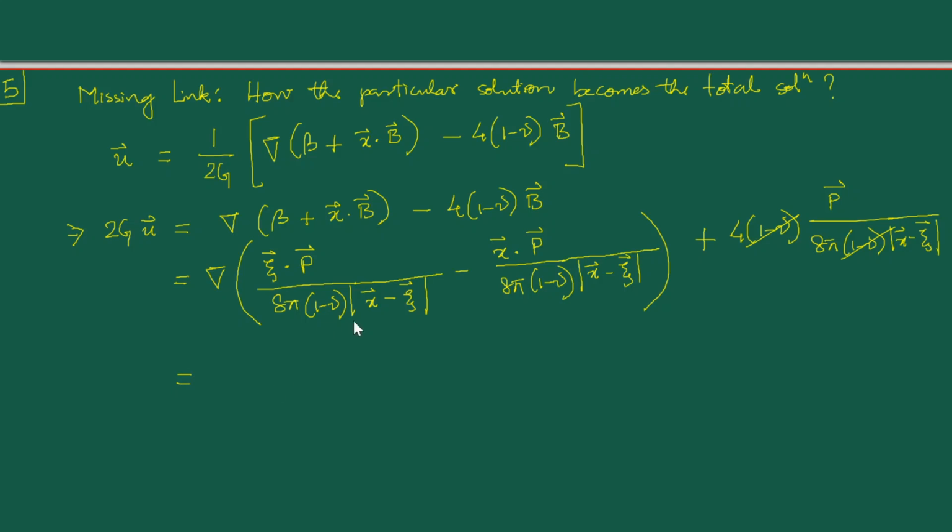Okay, so this 1 minus nu cancels with this 1 minus nu, so overall, see, there is a little bit of a simplification that can be carried out here. So I can actually write it as x vector minus xi vector dotted with p. So I'll take this minus sign out of this gradient and write it in a slightly more compact form in this way.